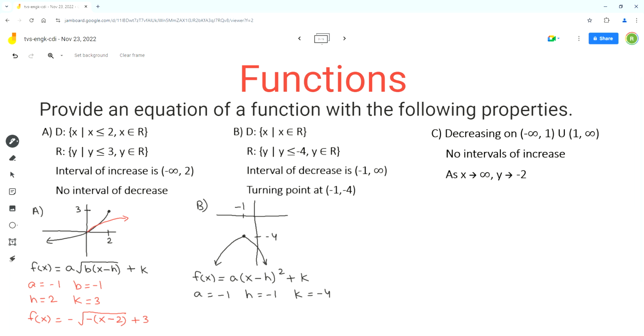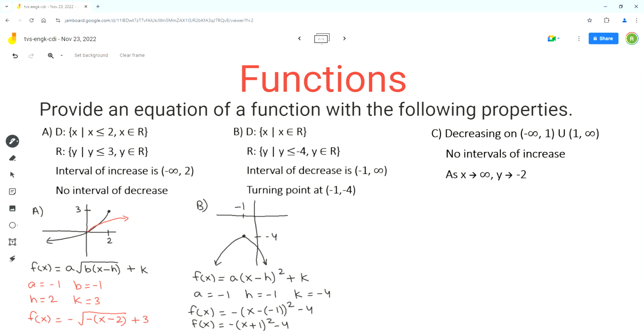Now we can sub in these values in the equation. x minus -1 is equivalent to x plus 1. This can be the equation of the function for part B.